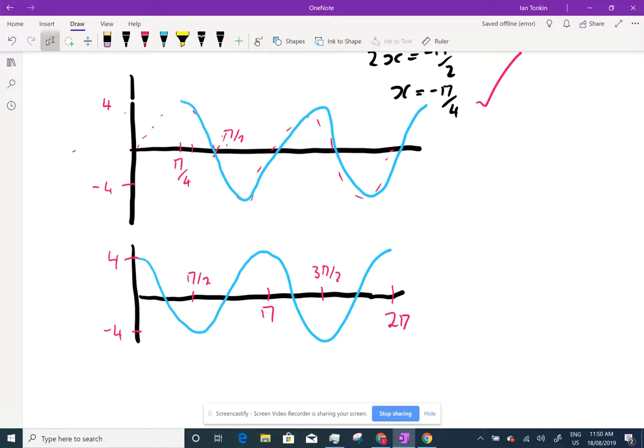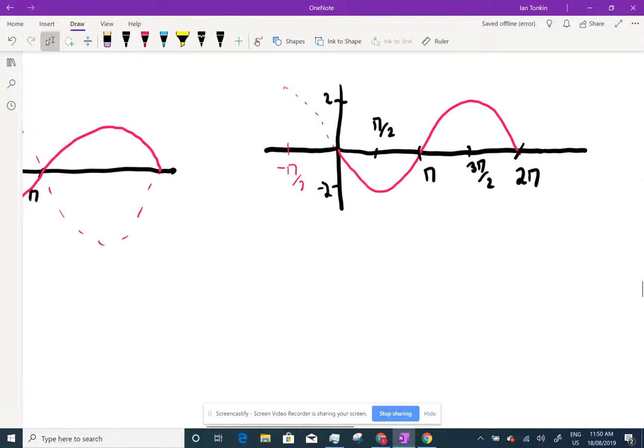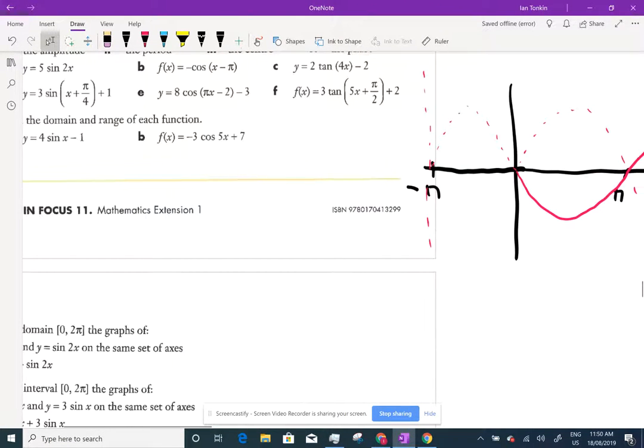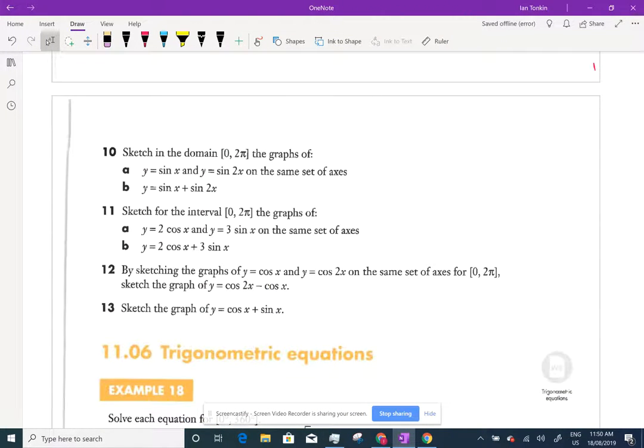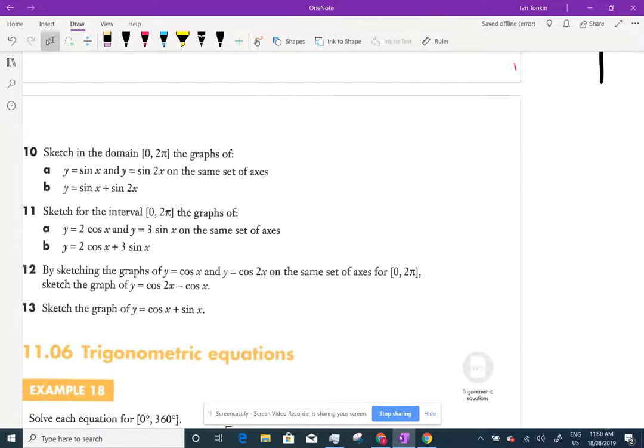Now, let's go to adding some ordinates. Righto, because these are hard. These are hard. So I'll do 10, and I'll let you have a go at 11 and 12, and then you have a go at 13. And I'll do 13 as well. 13 is a really cool one.